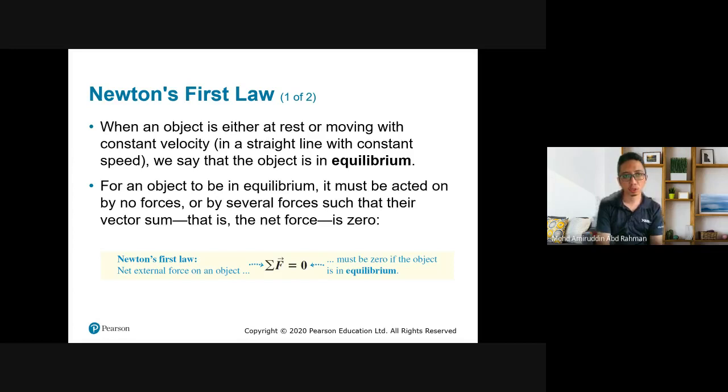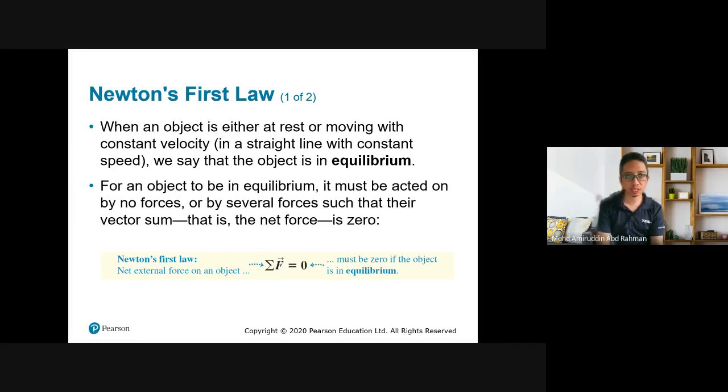Remember that equilibrium means either the object is at rest or moving with constant velocity. It's not just at rest.